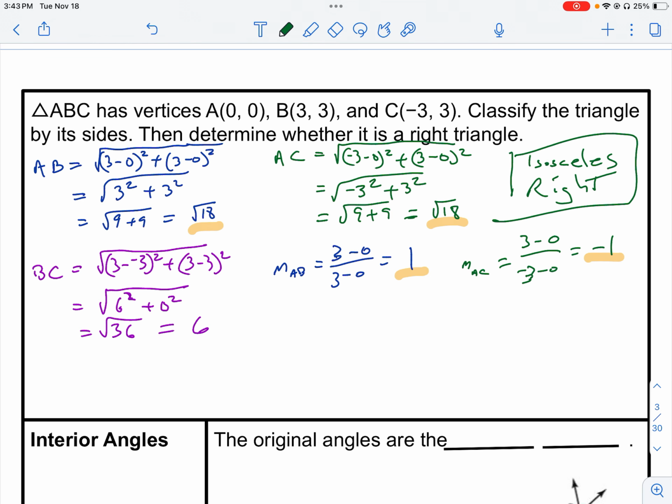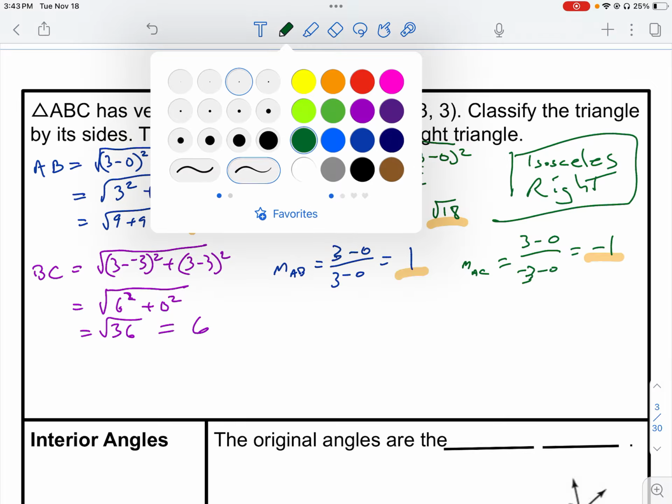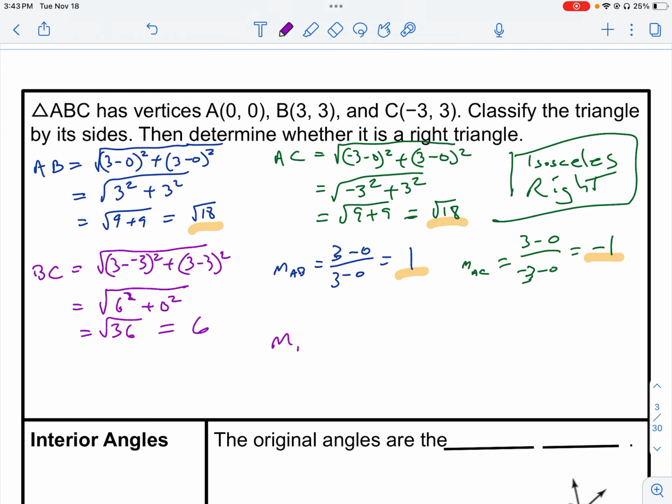Had we not done that, we would go ahead and do the third one. And let's do the third one just to practice. So let's do the slope of line BC. So we get 3 minus 3 over 1 minus negative 3, equals 0 over 6.